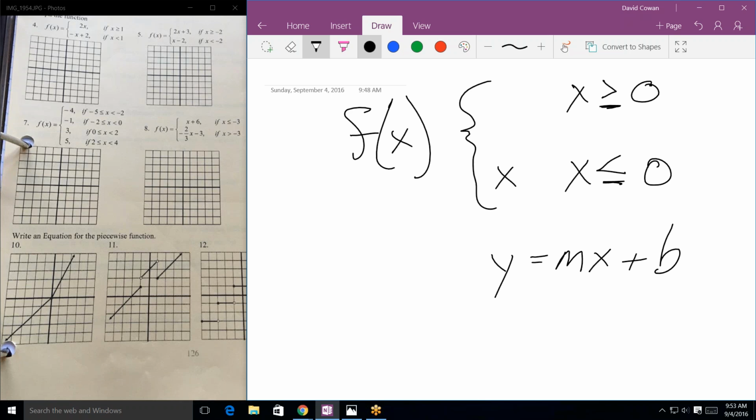So the top one would be just y is equal to 1x. What's the slope on the top one? 1. Is it? Yeah. Well, first of all, you got to go up 2 and over 1.